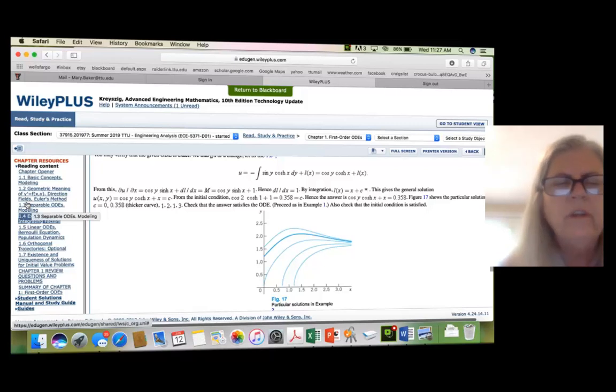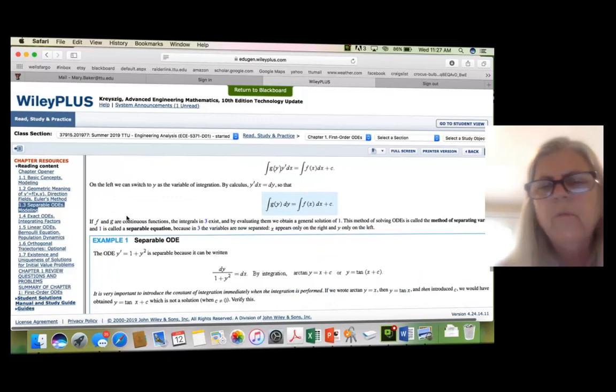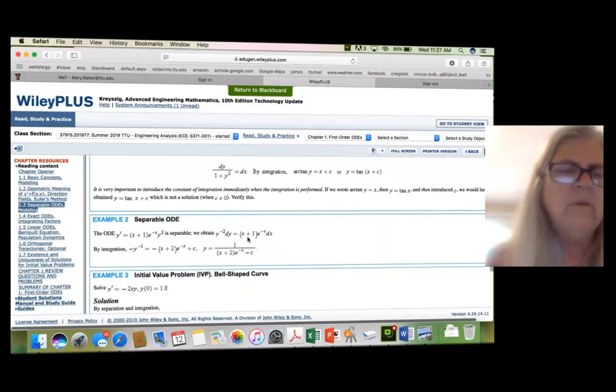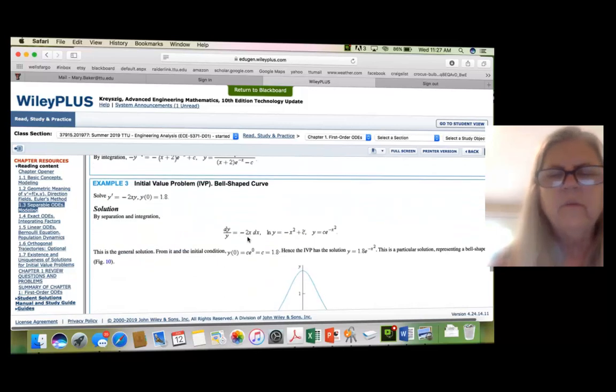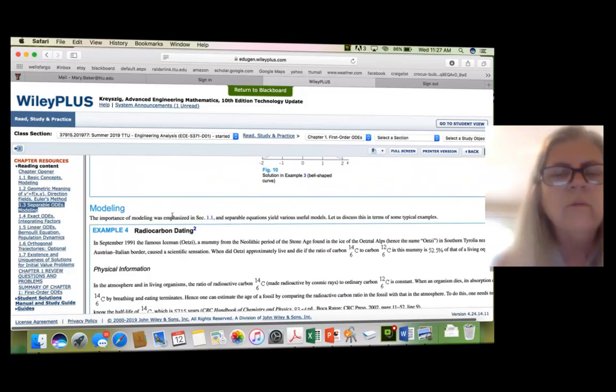That's something that's important to study for the first exam. Also, separable equations. We will not talk a lot about modeling, but you did have a couple of homework problems where you had to show that equations were separable, and so something like this would be a good example. Any of these examples in the textbook, you can expect questions like them. We will not actually cover modeling.